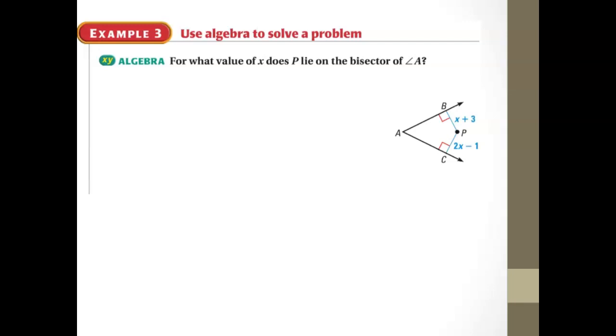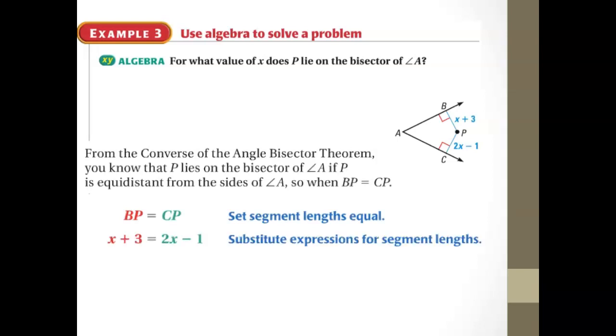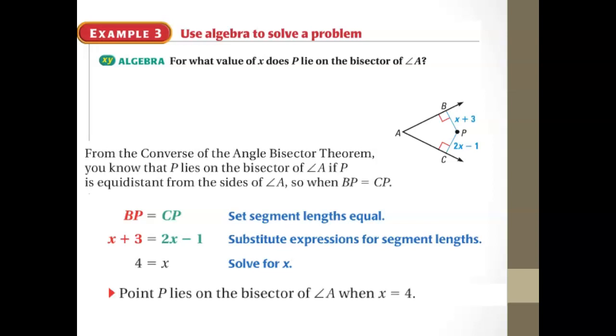In other words, BP and CP must be equal to each other. So we are going to go ahead and substitute. We have x plus 3 equals 2x minus 1, which gives us x equals 4. So we can say that point P lies on the bisector of angle A when x equals 4.